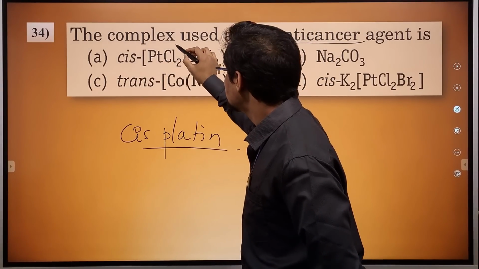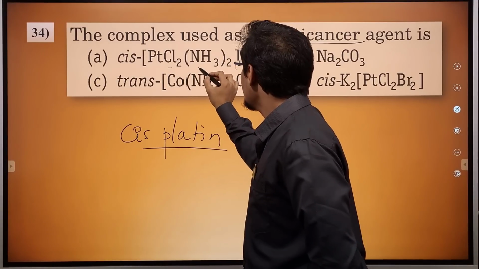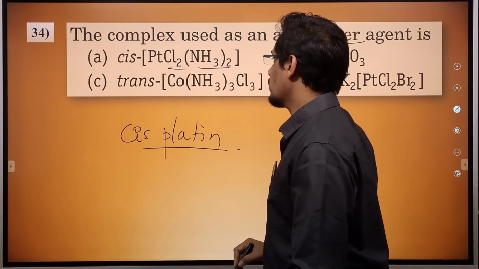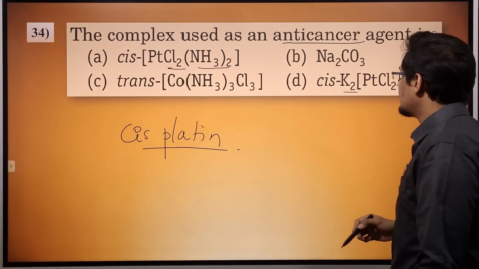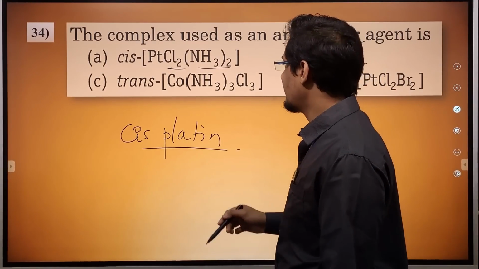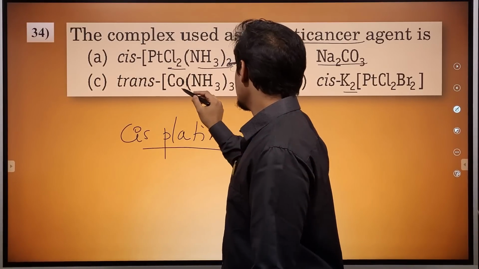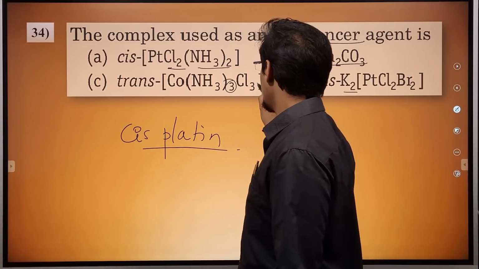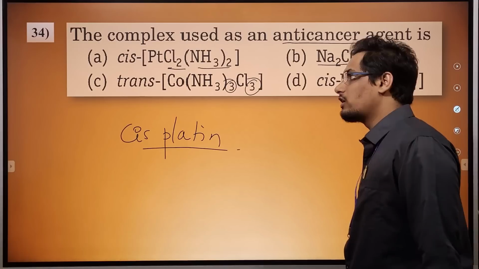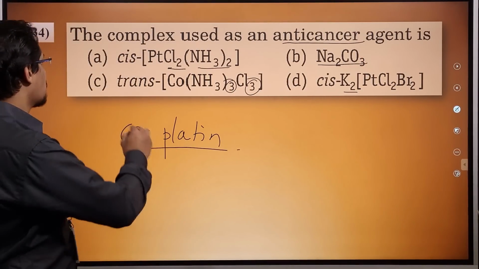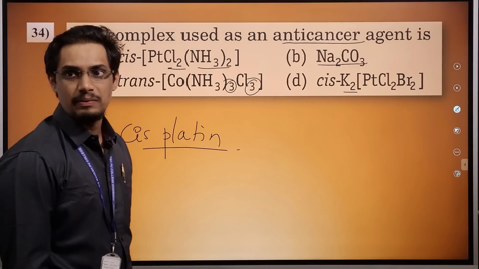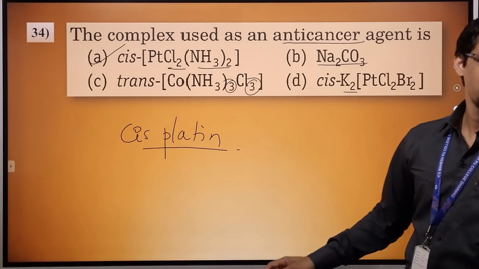Here K2 is given, so that's why it is not sodium carbonate. The trans compound is not it, and the one given here is a 6 coordinated system, while cisplatin is a square planar complex. The answer is option A, cisplatin, right?